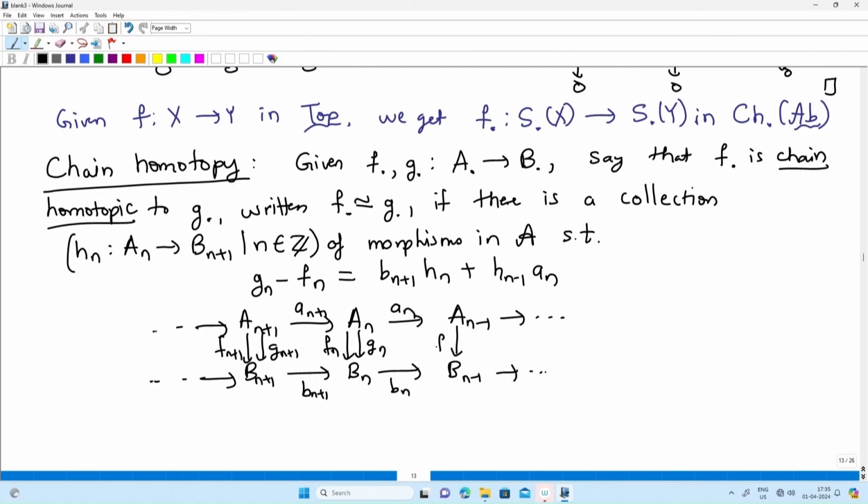This is Fn minus 1, this is Gn minus 1. The homotopy is actually a collection of maps like this. So this is Hn, this is Hn minus 1. They have to be compatible in such a way that you see a parallelogram here. An to Bn plus 1 to Bn, and An to An minus 1 to Bn. So there are two different ways of reaching Bn, not going via Fn and Gn. The sum of those two ways is the difference between Fn and Gn.